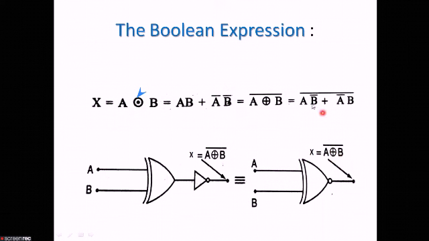This is the expression of an XNOR gate, which is nothing but the XOR gate followed by an inverter. I hope this is clear.